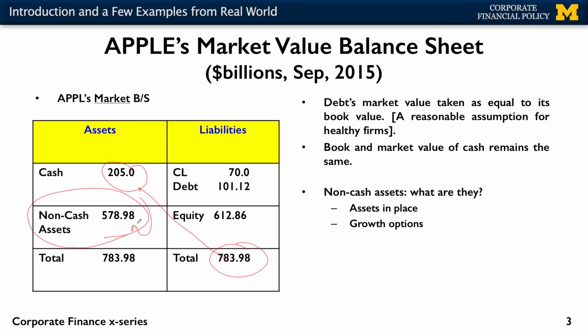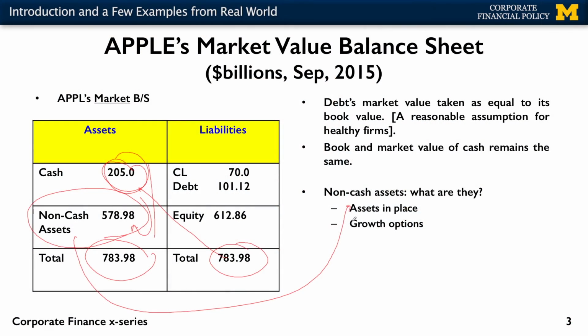In addition, Apple has $205 billion of cash. So together, the market is putting a total value of about $783.9 billion on Apple. Fair? So this non-cash asset is essentially the market's valuation of how much asset Apple has right now. But since its market price goes up not only for the assets that you have, but also for the expectation of your growth in the future, the market value of non-cash asset is a sum of both assets in place and growth options, as I call them.